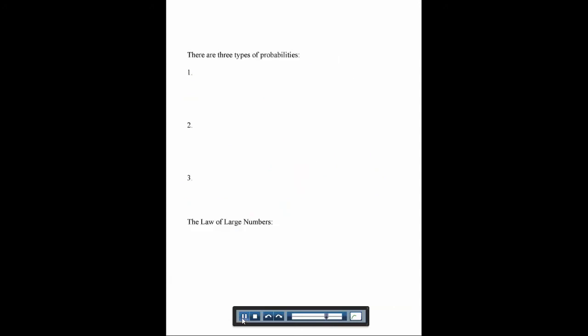Okay, now there are 3 types of probabilities, 3 different things we can talk about. The first one is called the relative frequency approximation. And in other books, you might hear this called experimental probability. So to find the experimental probability, you're doing some experiment over and over.